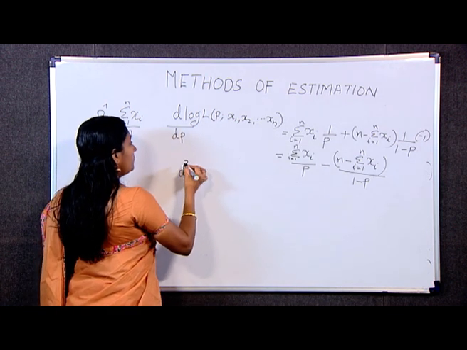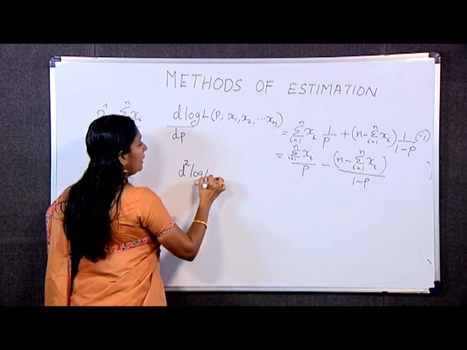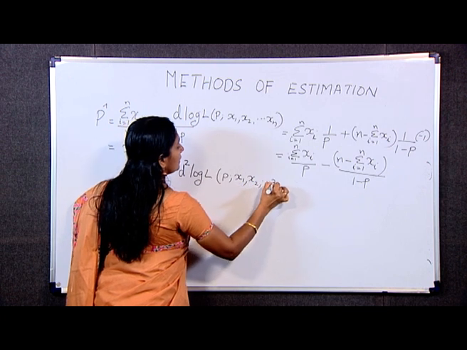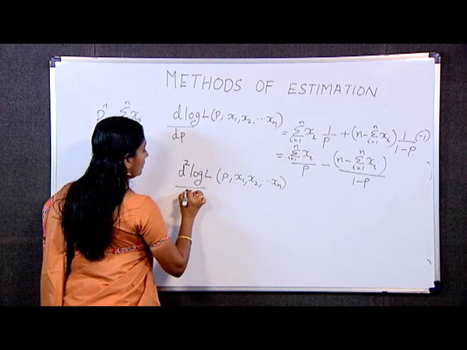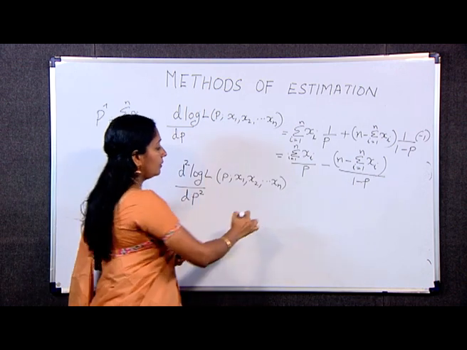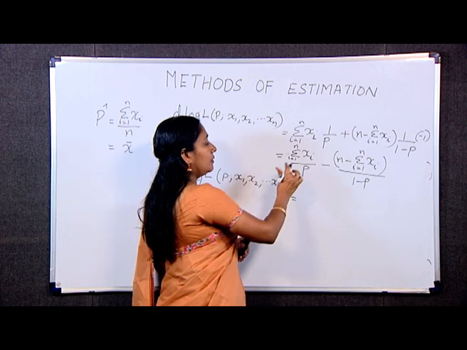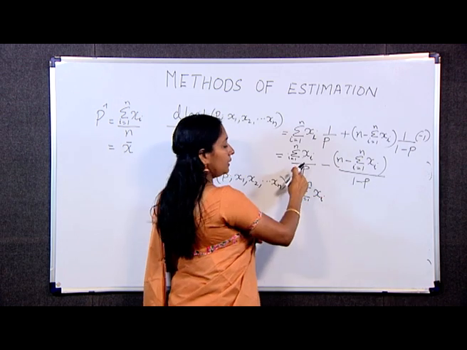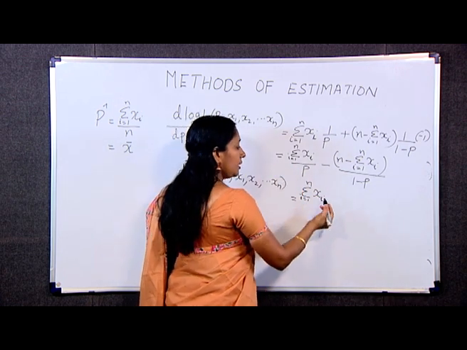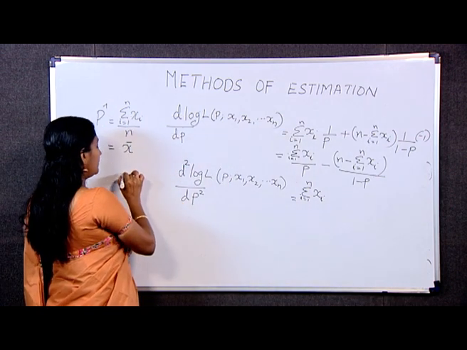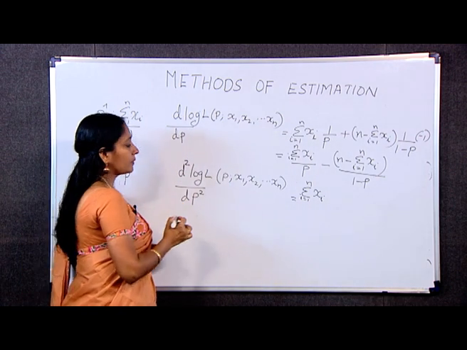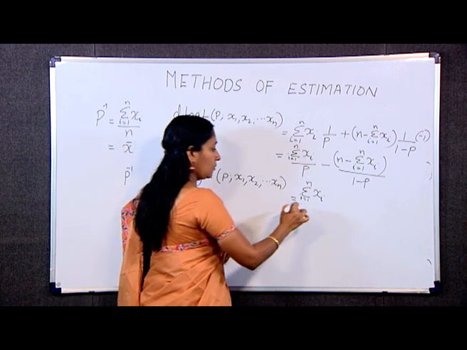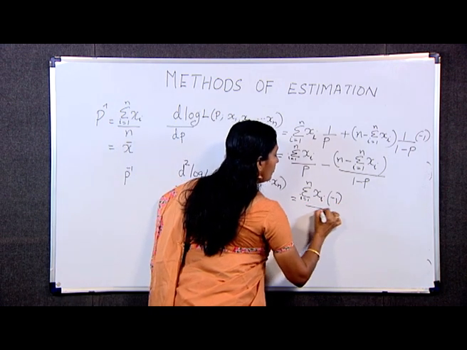Taking the second derivative, d square log L(p; x1, x2, etc., xn) with respect to p, this is equal to summation i = 1 to n xi into derivative of 1 by p. Derivative of 1 by p means derivative of p raised to minus 1, and you know that the derivative is minus 1 into p raised to minus 2, or this is minus 1 by p square.